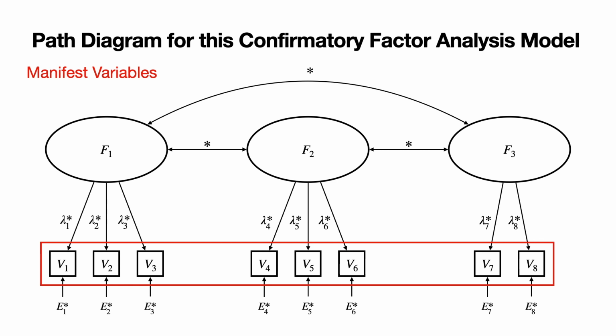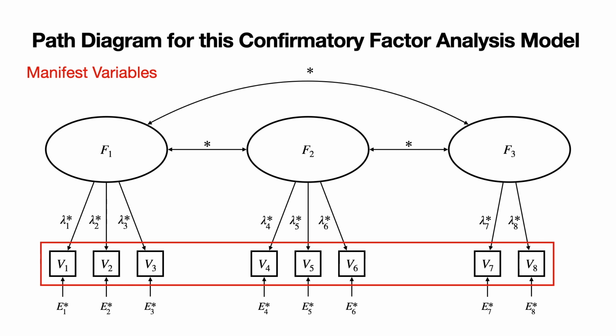Now notice that these 3 manifest variables, which are response type variables in the equations relating them to their factor, have incoming arrows that come from F1. And so this is showing us visually or graphically that factor 1, which represents the ability construct, is impacting V1, V2, and V3 directly.